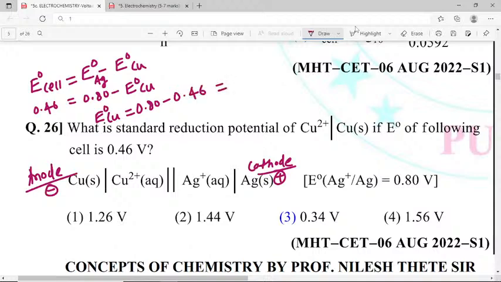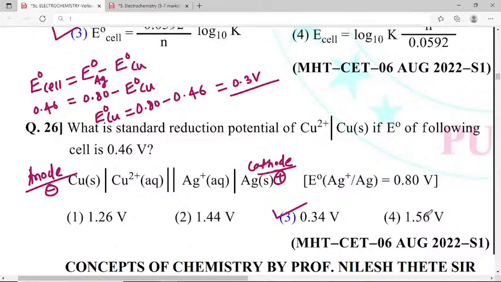The answer is 0.34. Cathode minus anode, always remember: E naught cathode minus E naught anode. Cathode minus anode, formula always remember.